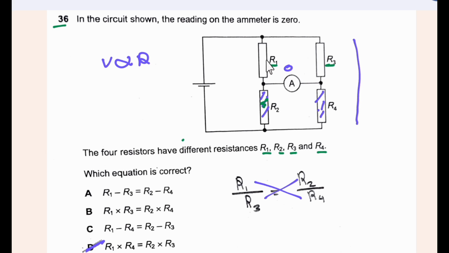So what is the ratio? The ratio would be the voltage in this resistor by the voltage in this resistor, and since voltage is directly proportional to resistance, the resistance R1 by resistance R3 is equal to resistance R2 by resistance R4, and if we rearrange we get the answer D.